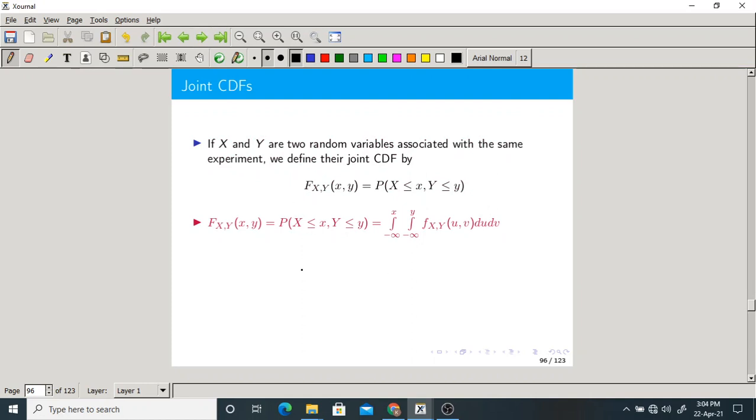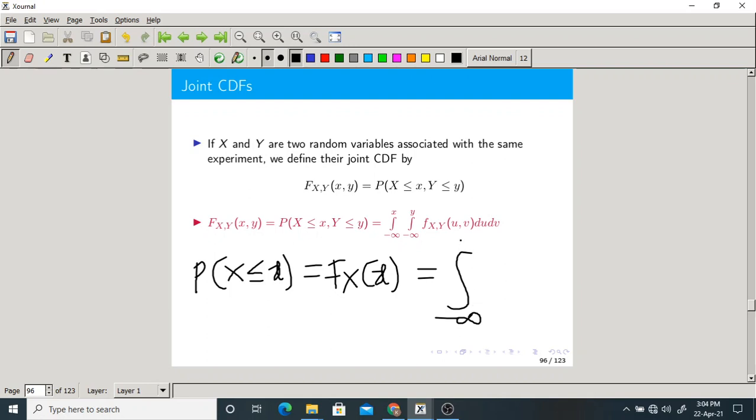So how to find the CDF? Integration of the PDF, generally. For a single random variable, the probability that X is less than or equal to x is FX of x, which is the integration from minus infinity to x of fX of t dt.